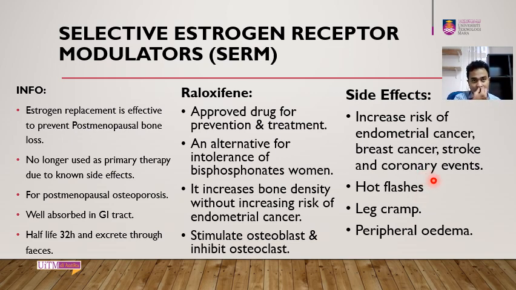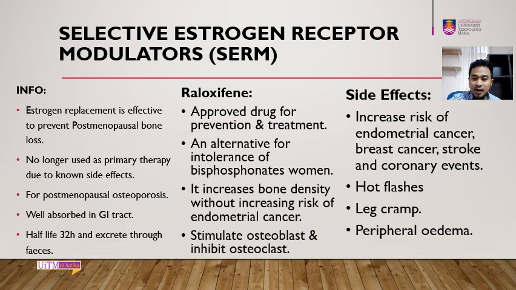Since it's known for the worst side effects, it's no longer a primary drug. Usually we just disregard this drug if we wish to go for long-term treatment, and when the risk outweighs the benefit of this particular treatment.